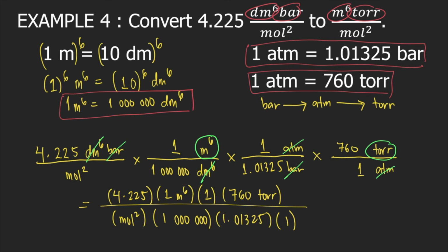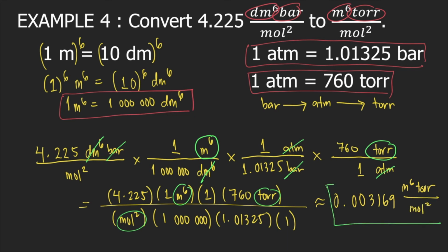And if you solve this using your calculator, you will get approximately 0.003169, and the unit would be meter raised to 6 torr per mole squared. This is the answer to the question.